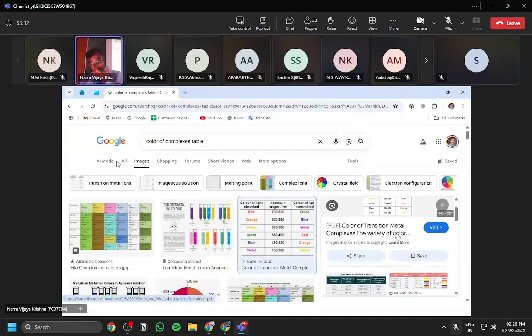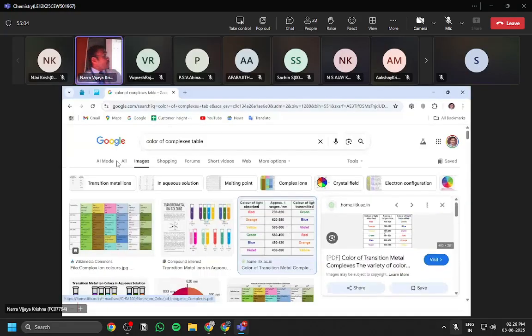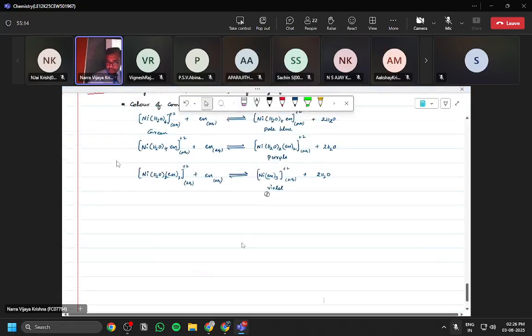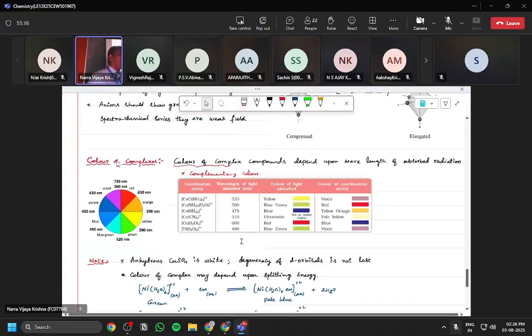It shows that if a complex absorbs one particular wavelength, what the complementary color may be. Maybe from this table also you can confirm it.